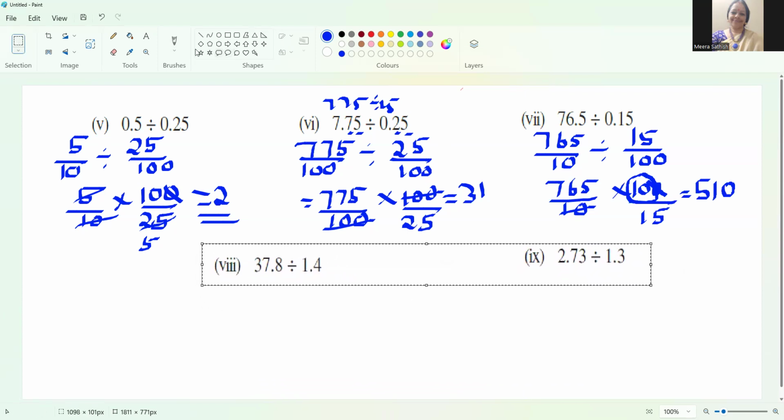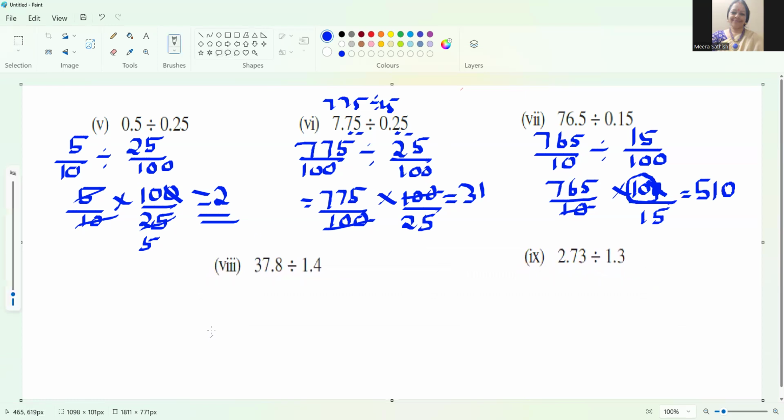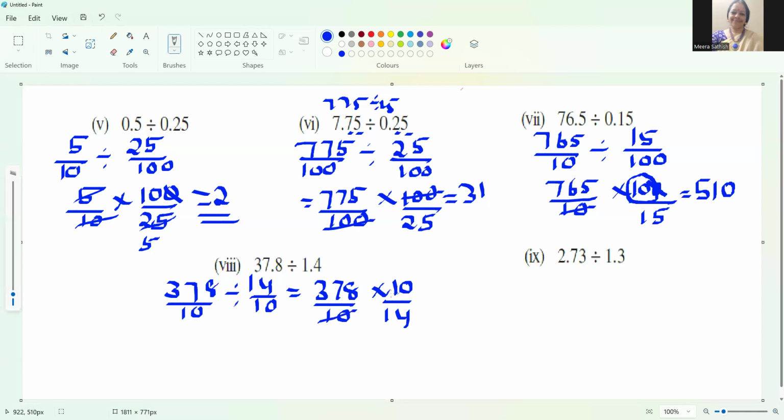When we divide, we will think that we got the answer. So here also see, both have equal number of decimal places, so it will get cancelled. So 378 by 10 divided by 14 by 10. That means 378 by 10 into 10 by 14. So 10 will get cancelled.